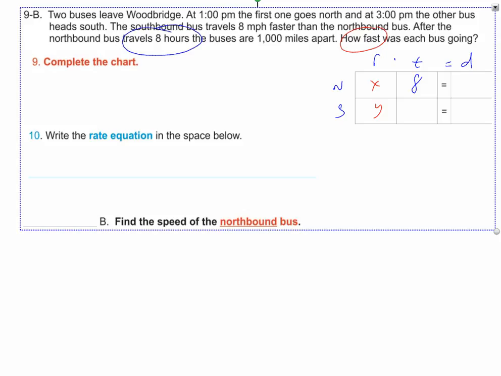Now to get the southbound, first bus left at 1 p.m., the second bus left 2 hours later. 6 hours. Right? First one traveled 8. Second one left 2 hours later. It traveled 2 hours less. It traveled 6 hours. I don't know how many of you put 1 p.m.